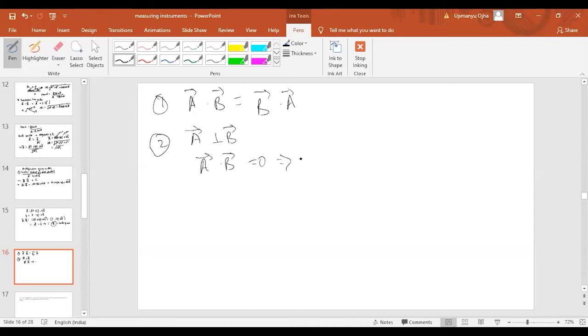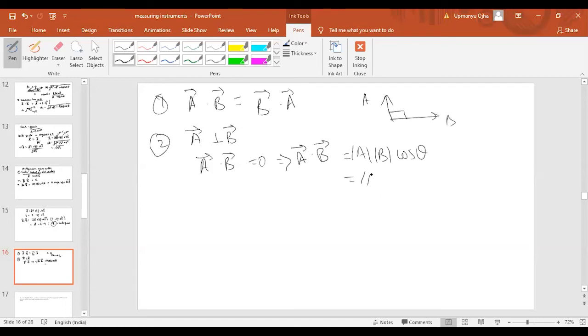First of all, we know that A vector dot B vector is equal to mod of A mod of B cos of theta. It is correct or not? Mod of A mod of B cos theta. Now what was the theta? Theta was the angle between A and B. Since A vector and B vector are perpendicular, the angle between them is 90 degree.